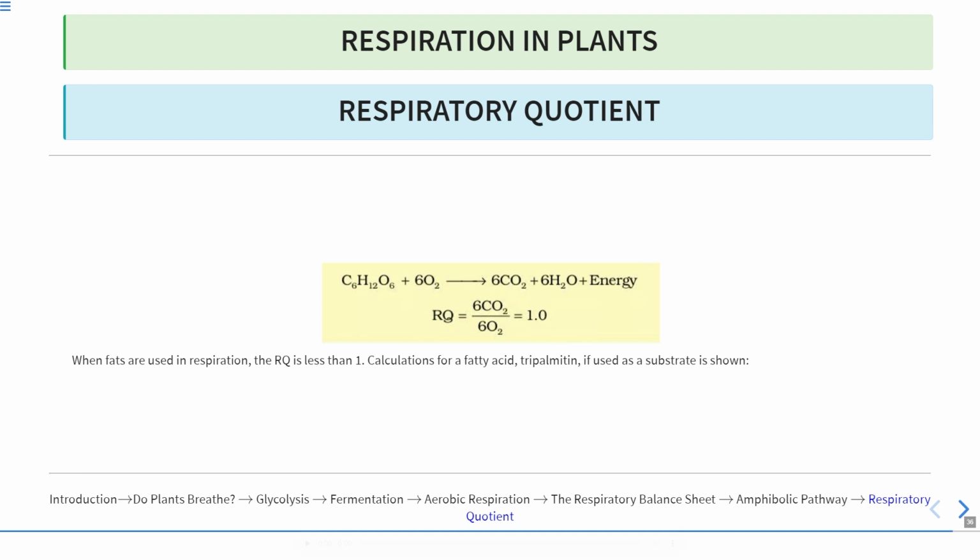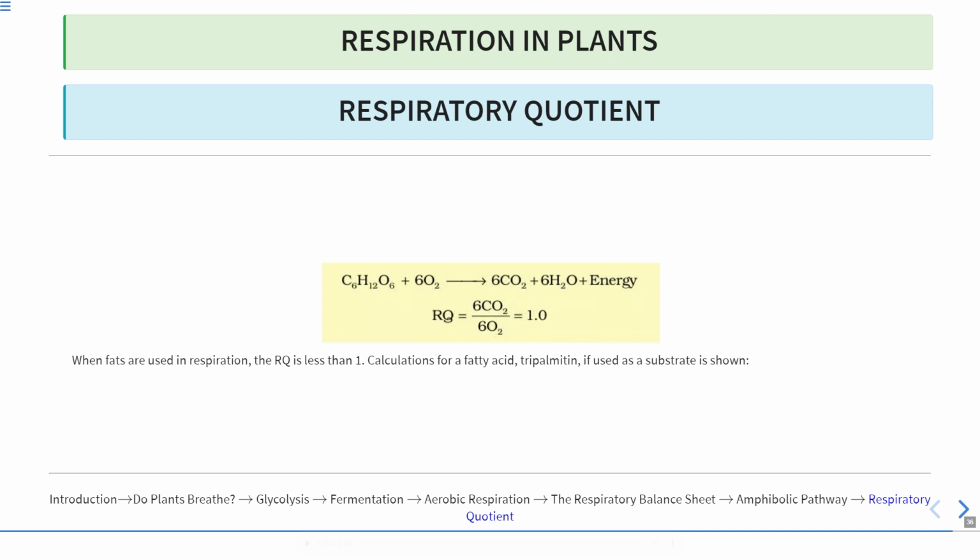So here you can see C6H12O6 plus 6O2 gives 6CO2 plus 6H2O plus energy. That is the complete oxidation of glucose molecule. So here you can see 6 molecules of carbon dioxide have been produced and 6 molecules of oxygen are being used. So if you divide, then you will get 1, right? So the RQ value for the carbohydrate is 1.